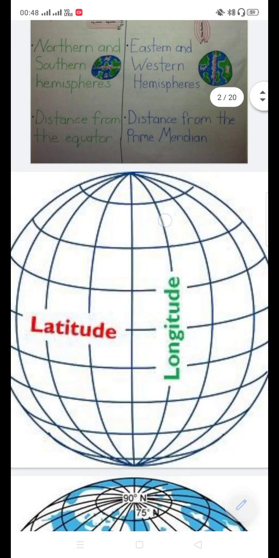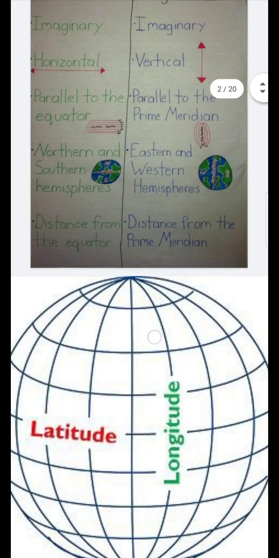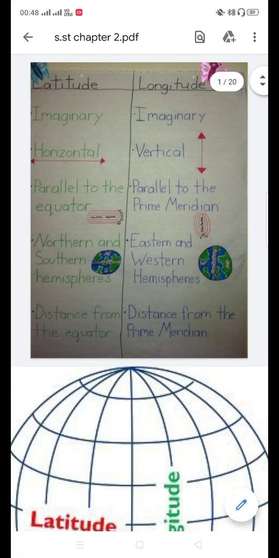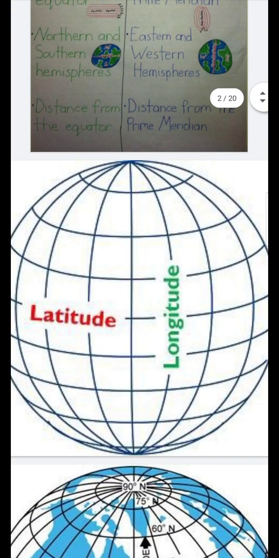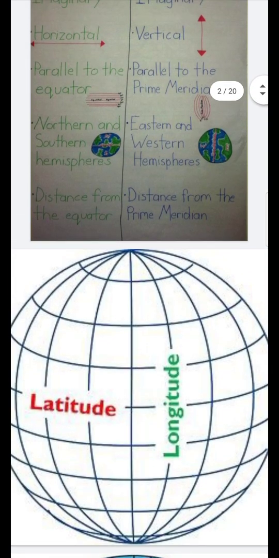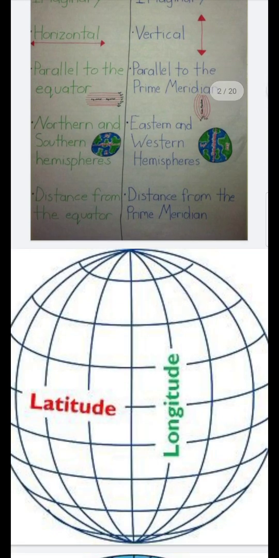The vertical line, the longest line going from north to south, is also called longitude. Longitude means long line, which goes from the north to the south pole, and latitude lines are horizontal, which go east to west.